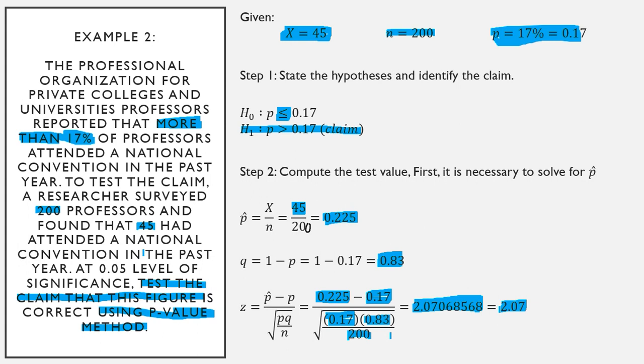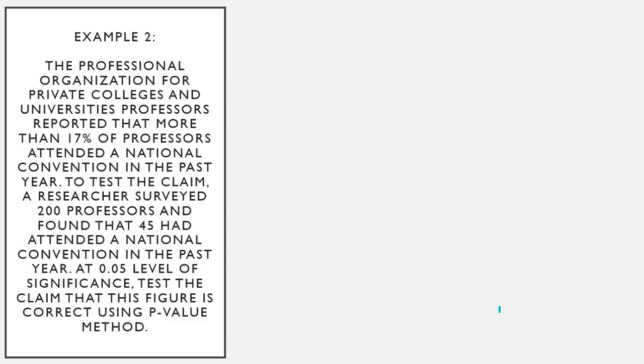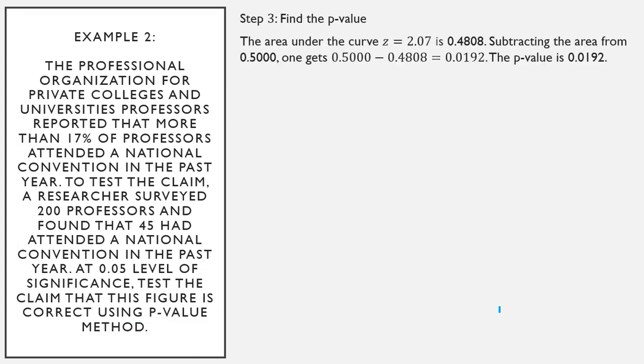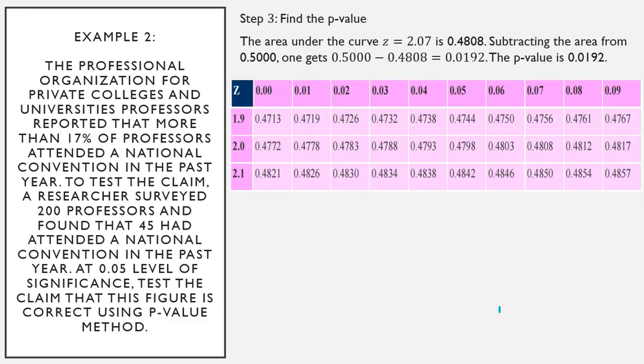Okay, yung gagamitin po natin na table is yung color pink and since p-value nga ito, kailangan natin yung gamitin and doon natin hahanapin yung area po from 0 to 2.07. So ito po yung magiging itsura po niya. So ayan yung table natin na color pink, di ba? So yung paggamit, first decimal and then the whole number will be on this column, yung 2.0.